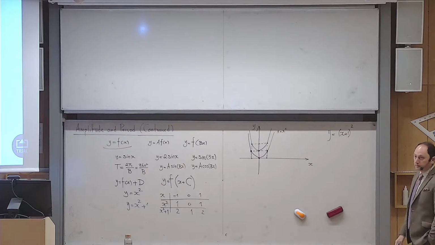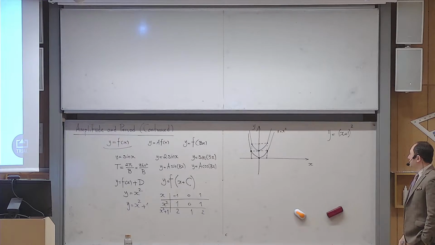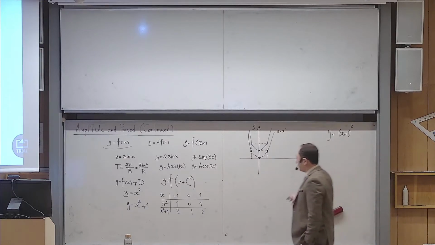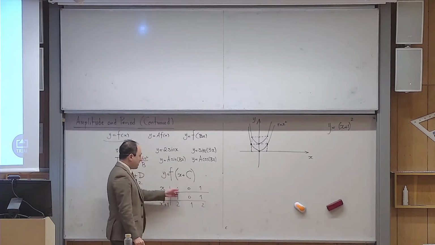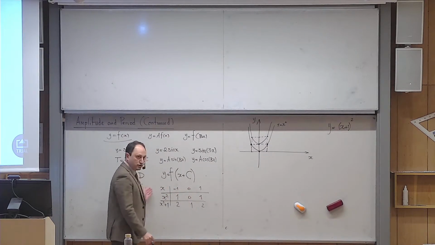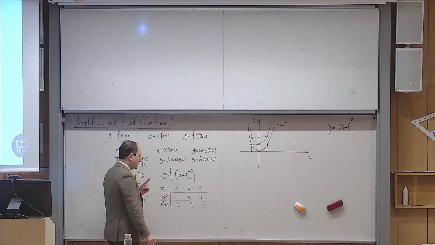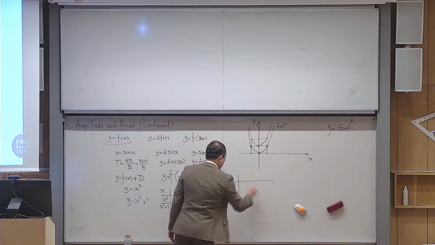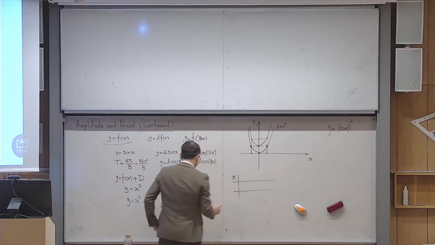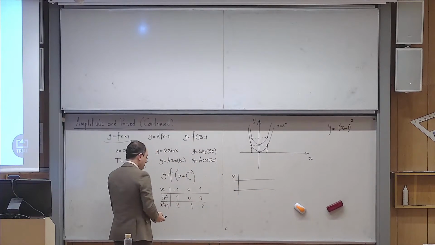And see what happens. Here this will affect the x values. Of course, these are just sample x values. I have to consider all possible values, okay? But my goal is to tell you something else.